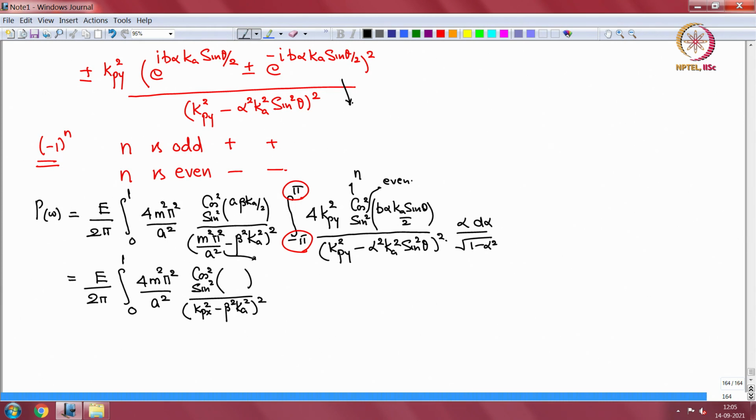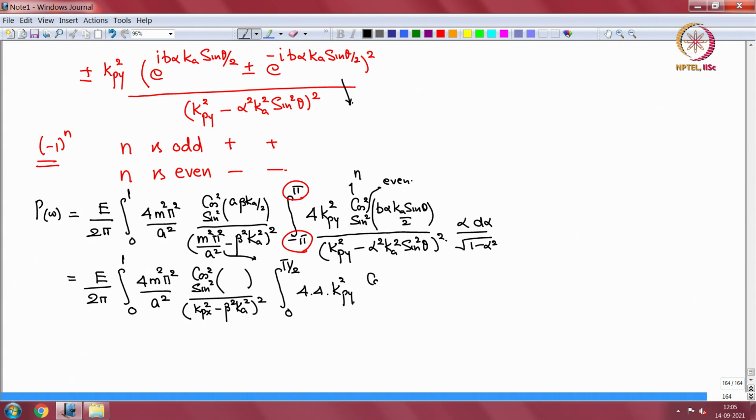This is kpx squared. Okay, then integral 0 to pi by 2 and hence another 4 into 4 k square py.